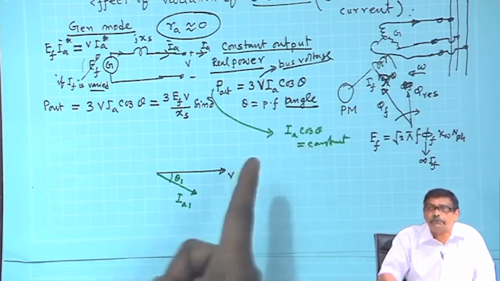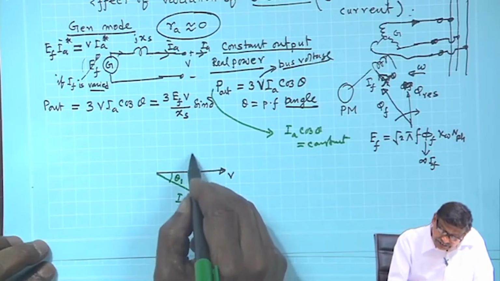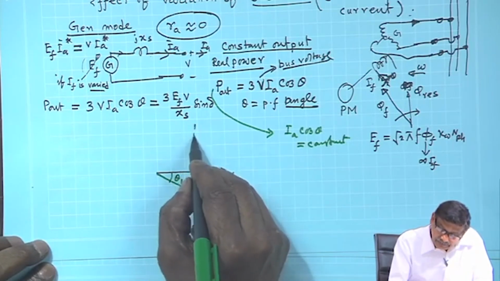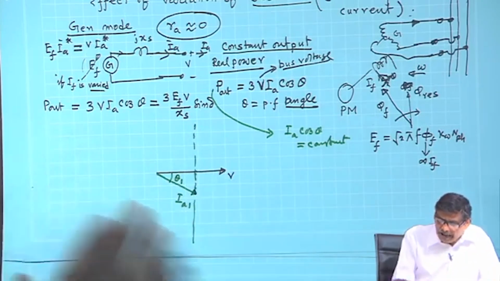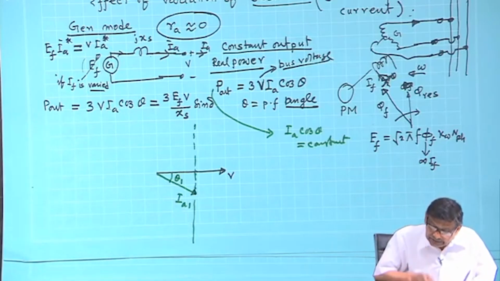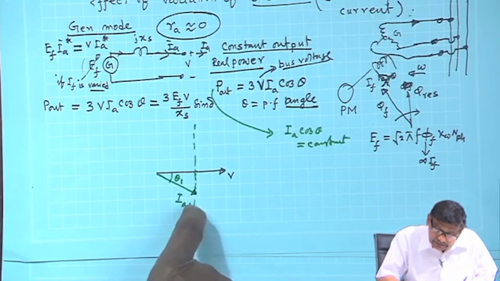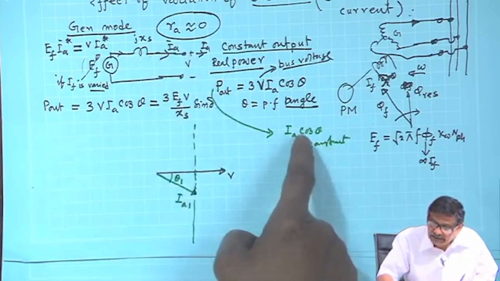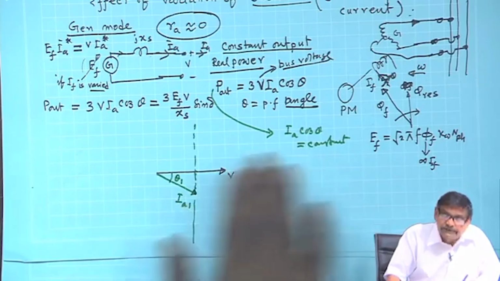That is the important point. In other words, what is I_A cos theta? The projection of this on the V axis. I do not know how I_A and theta are going to change, but I will say that the tip of the current phasor I_A must lie on this vertical line, so that I_A cos theta is constant. I will come to this.